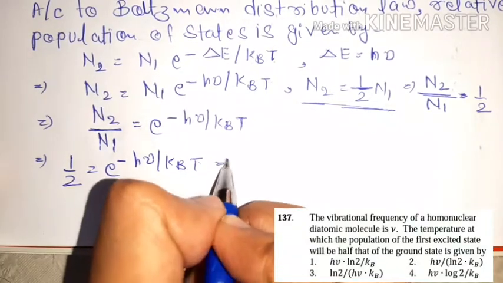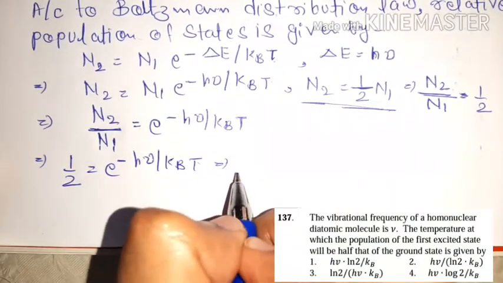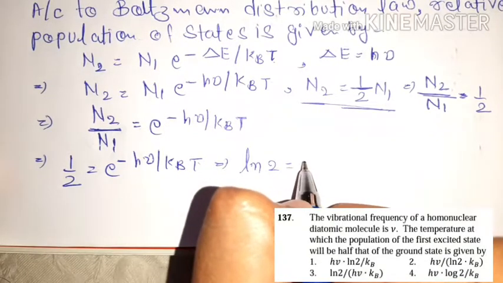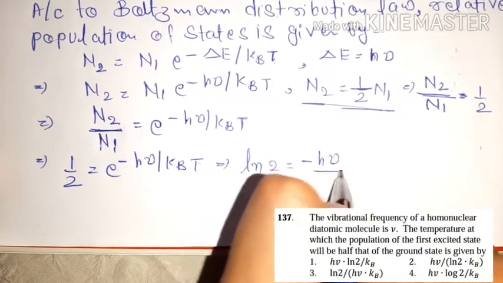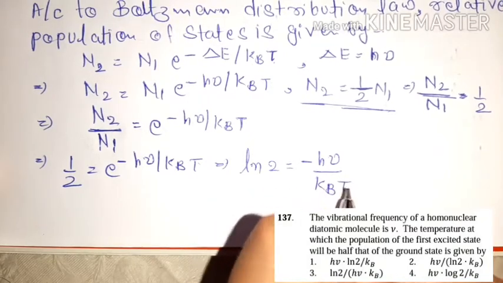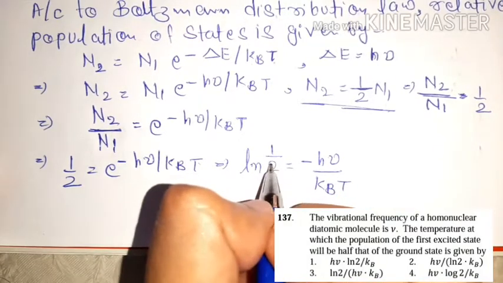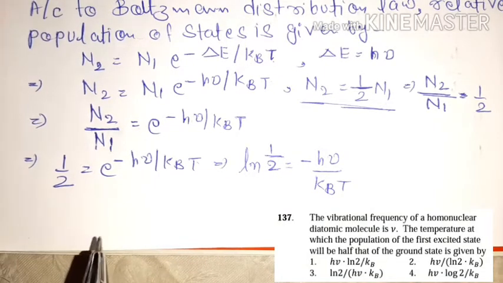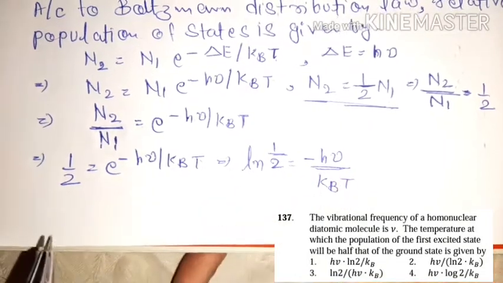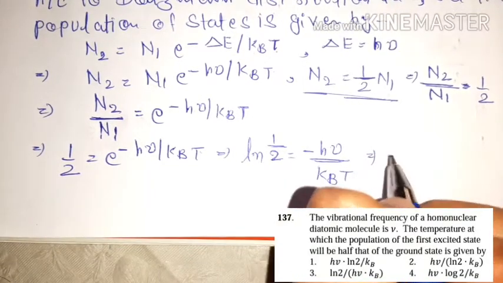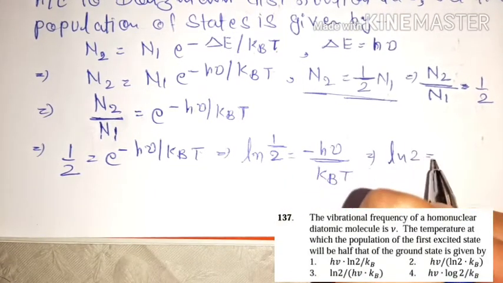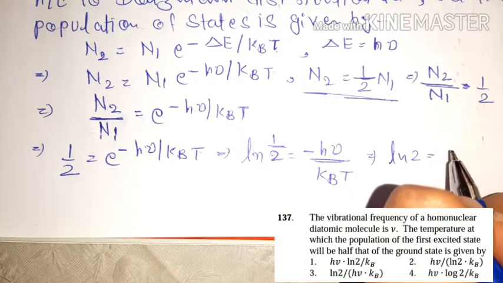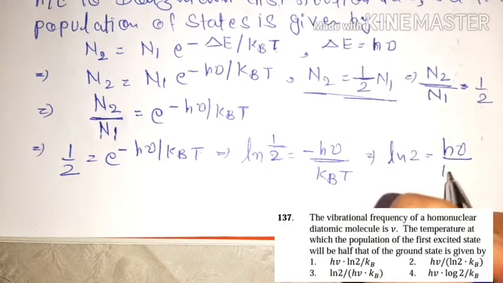When we convert it into natural log, ln 1 by 2 (sorry, not ln2) is equal to minus h nu upon kb into t.